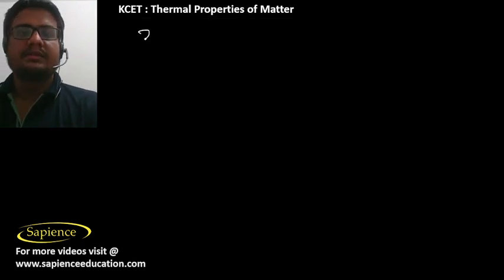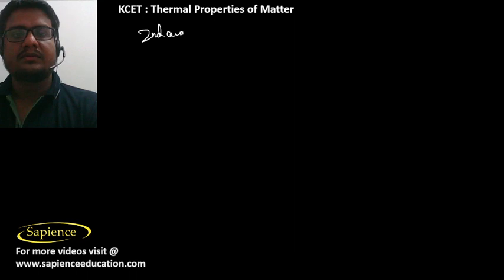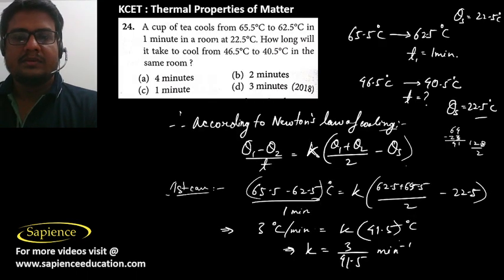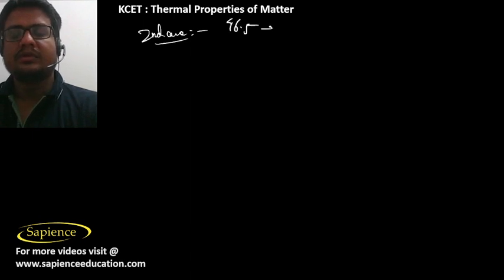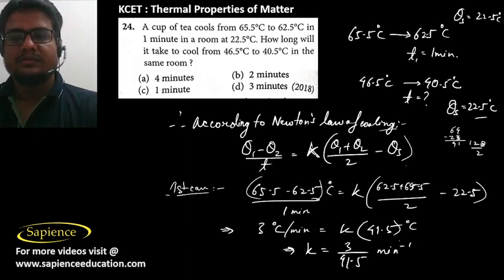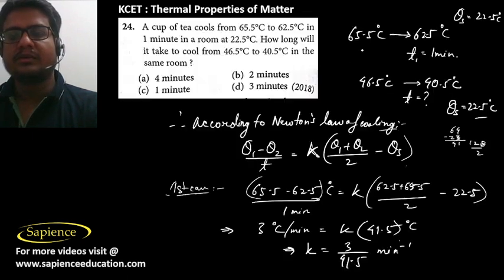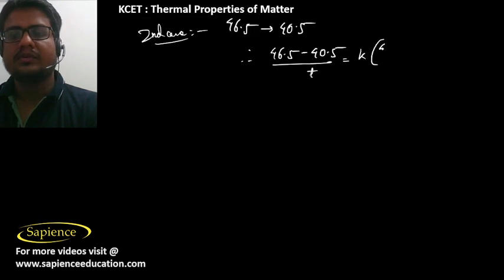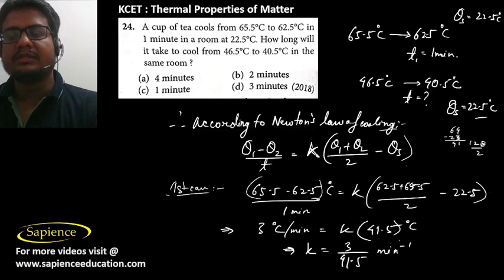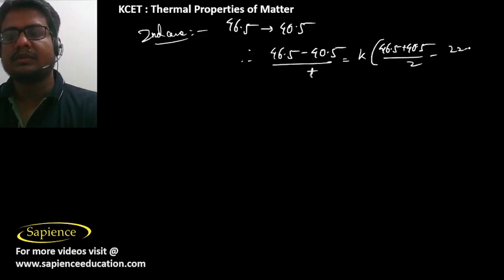Therefore in the second case, you have to find the time t. So 46.5 to 40.5, this t we have to find. So that will be 46.5 minus 40.5 divided by t, equal to k into (46.5 plus 40.5) divided by 2 minus theta s, that is 22.5.